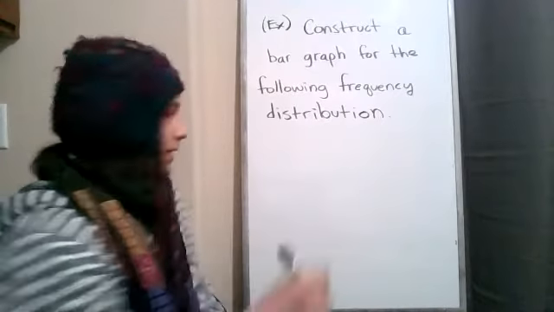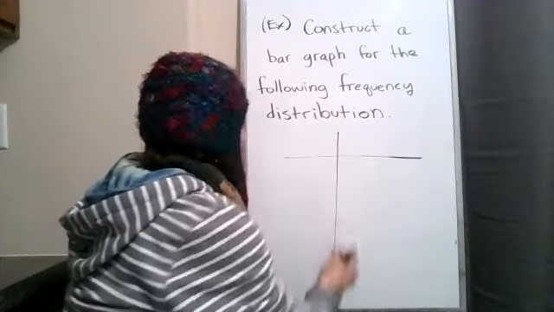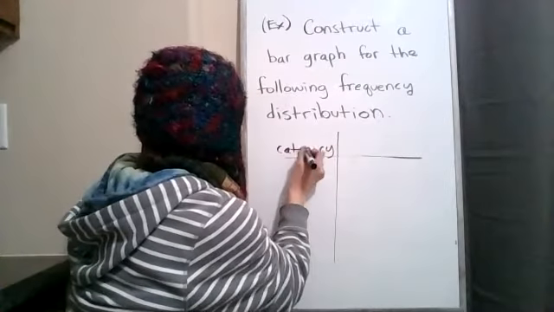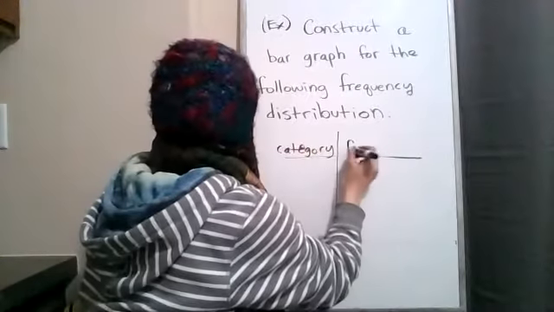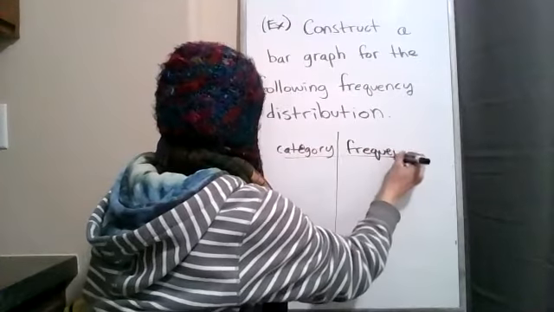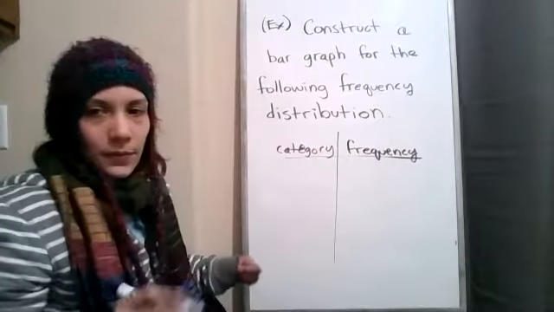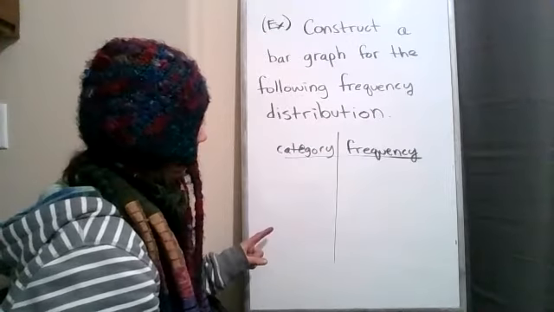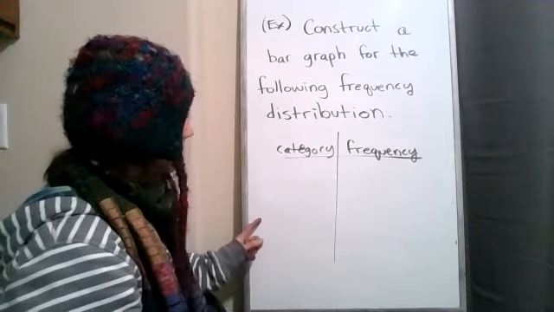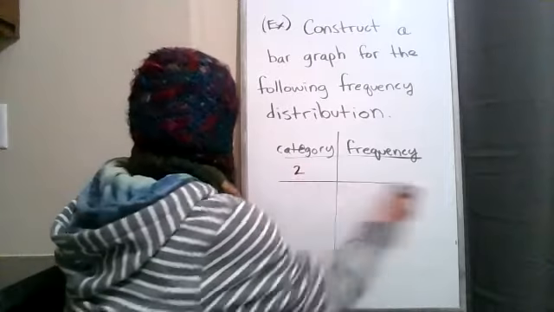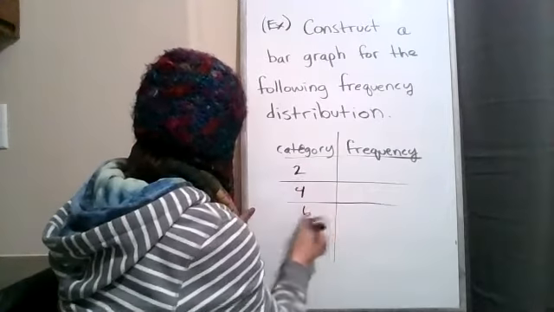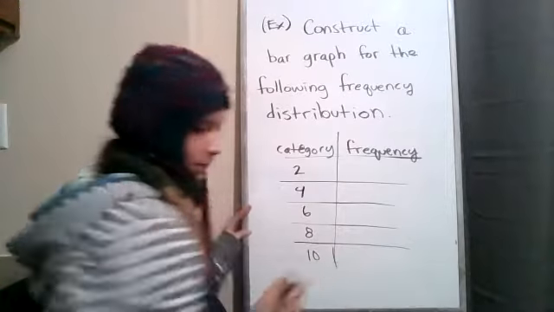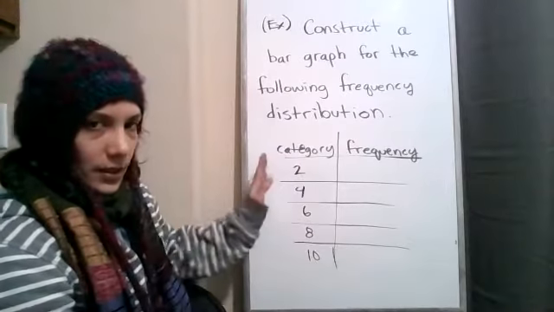Categories and then frequencies in this table. We have 2, 4, 6, 8.